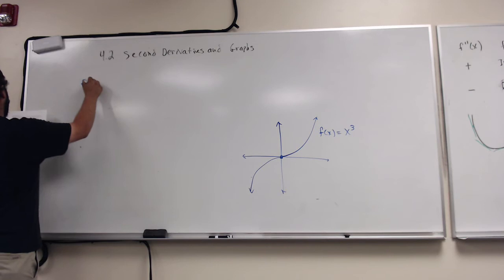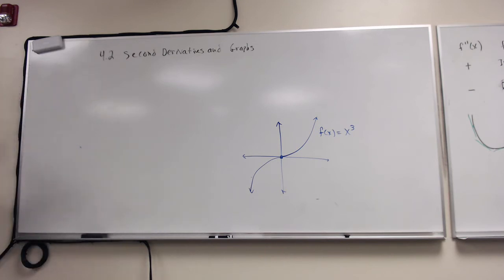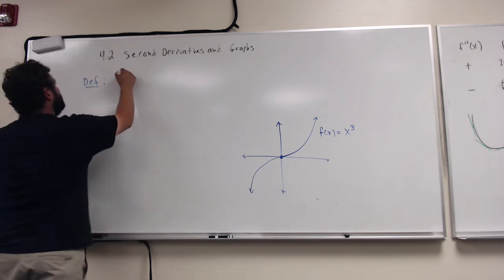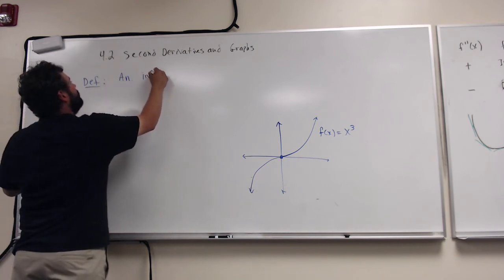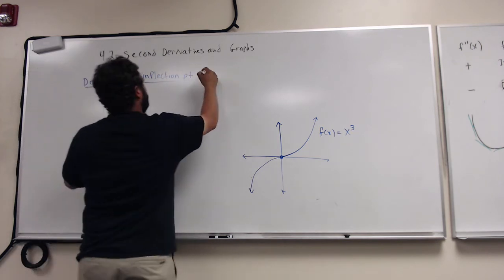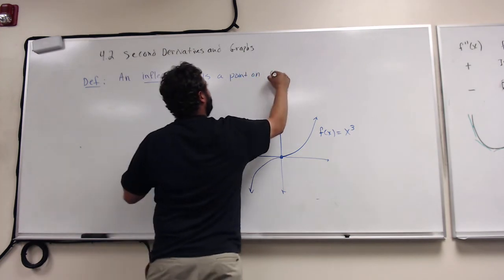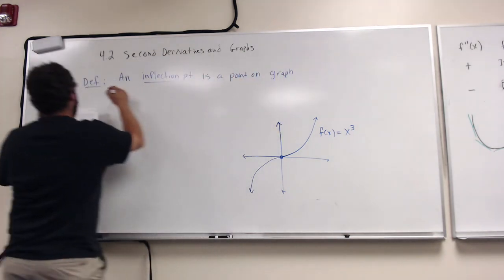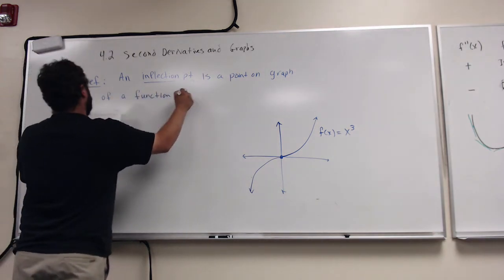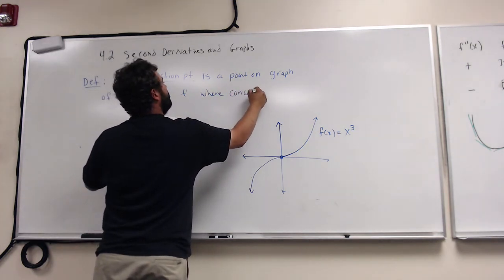All right, so actually definition first. And for the people watching the video, in case you don't have your handout, I'll write it down. An inflection point is a point on the graph of a function f where the concavity changes.